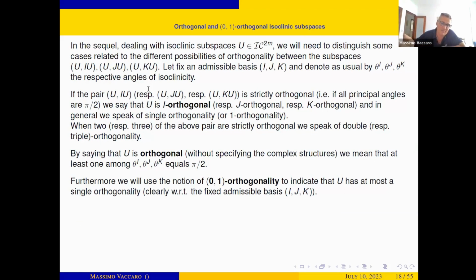This is whether not orthogonal or just 1 orthogonal. This is necessary to treat separately when determining bases and matrices in these special cases, because otherwise I have some division by 0, which I cannot apply. Then I have to study these cases separately. Anyway, this is just a detail of the story.